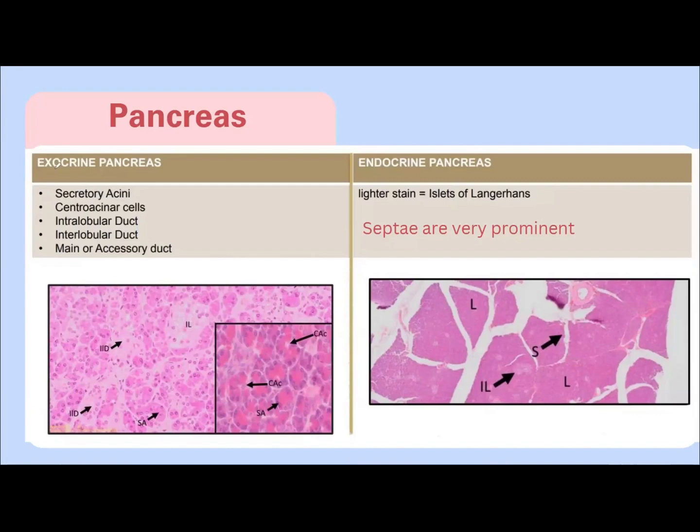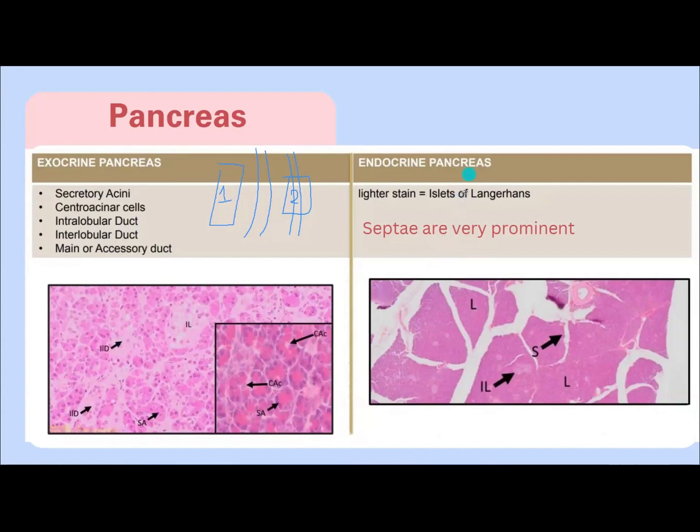Okay, so let's say I have structure 1 and structure 2. Intralobular means that the duct is passing in it. Interlobular means it's passing between. So if you look at this duct right here, is this intra or inter? Wait, let me check. This is intralobular, yeah. It's intralobular because it's passing within the lobule.